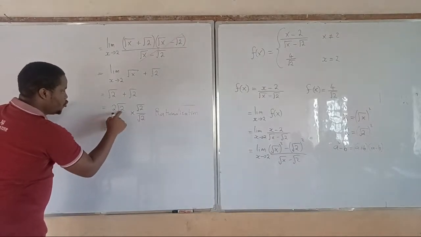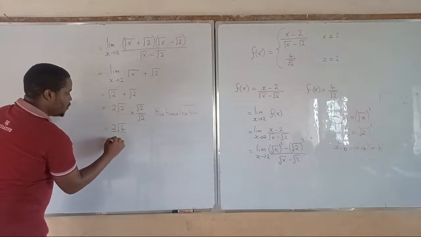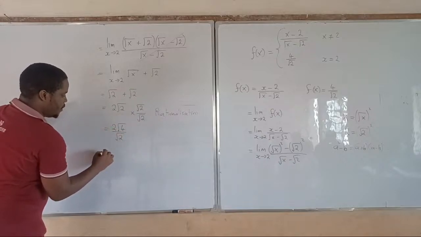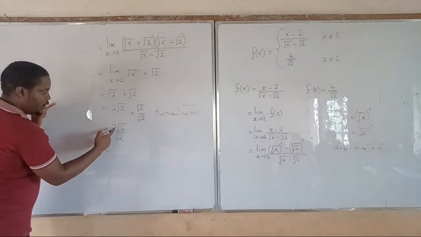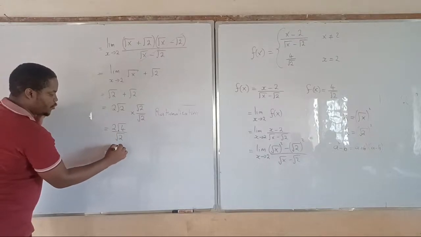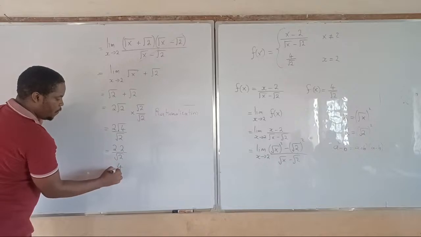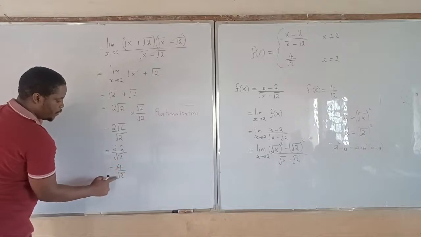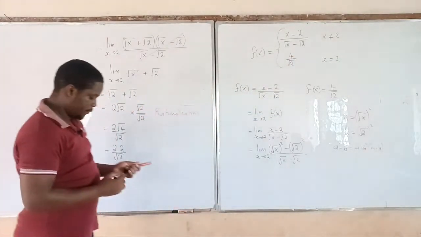We have a 2, root 2 times root 2, we just multiply what is inside, hence we get root 4 over root 2. What's the square root of 4? 2. So in the numerator we have 2 times 2, 4, over the root of 2. Now this is the same as this.